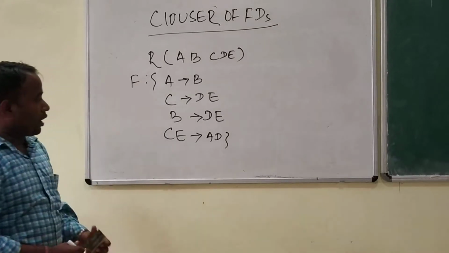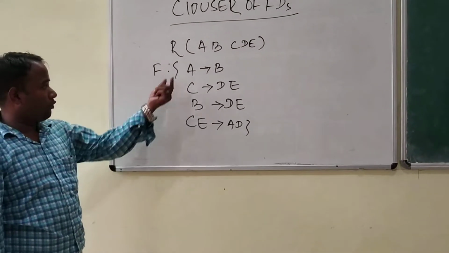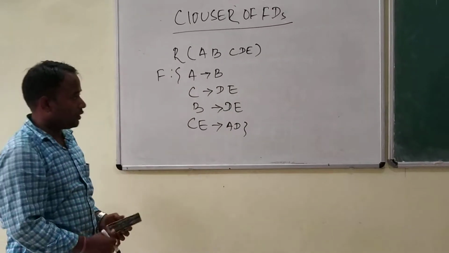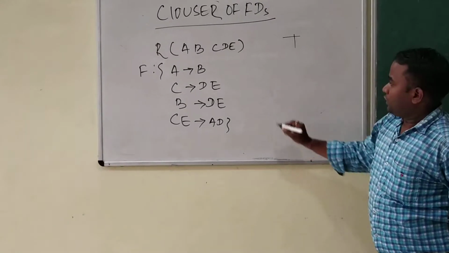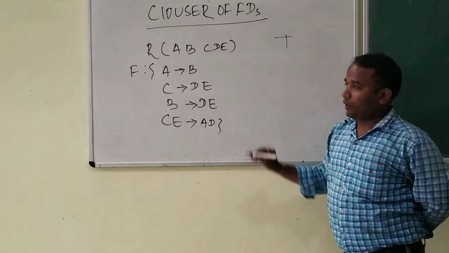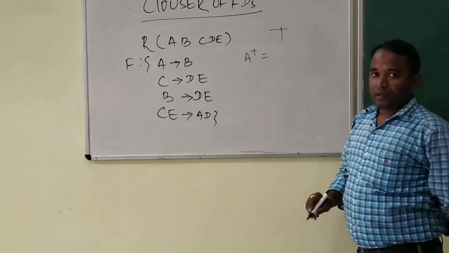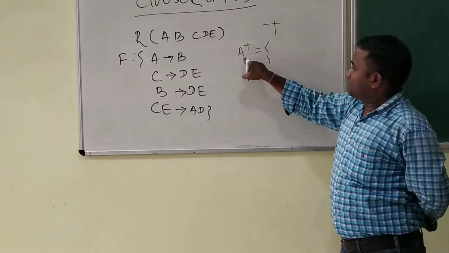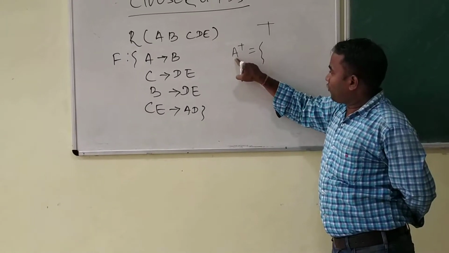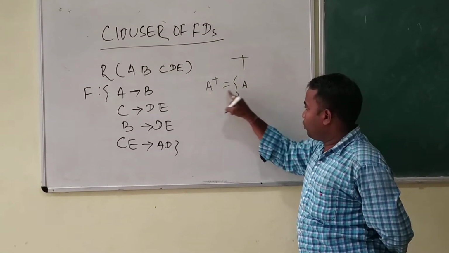Now, how will we find the closure? The closure is always represented by the plus symbol. If I want to find the closure of A, I write A plus. A plus will first determine itself, so A will be included.